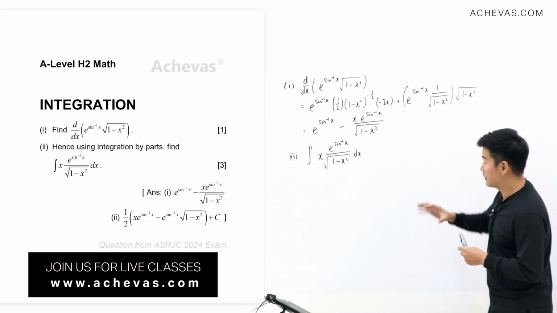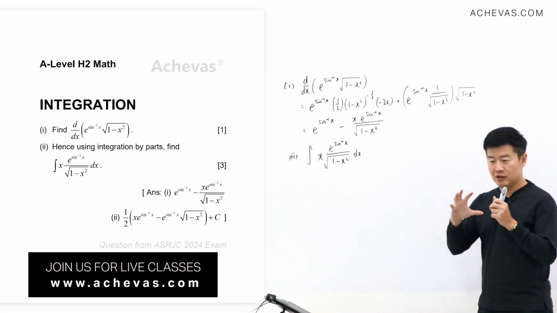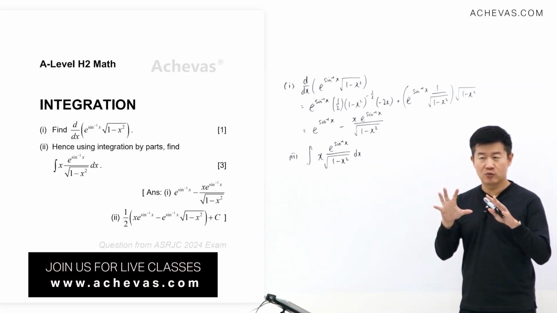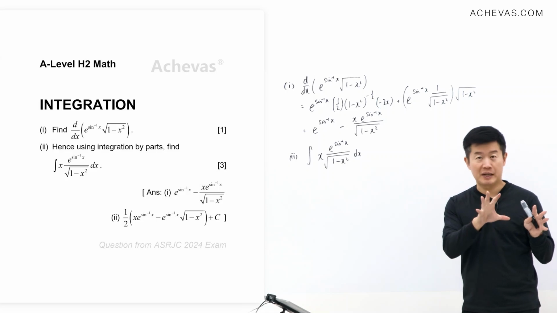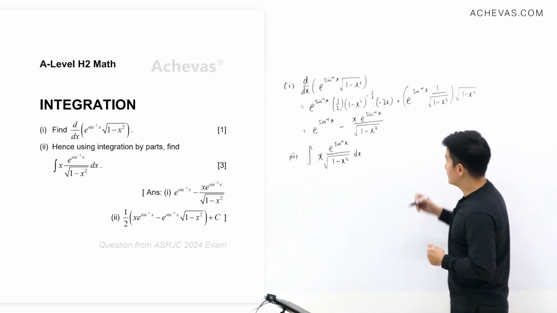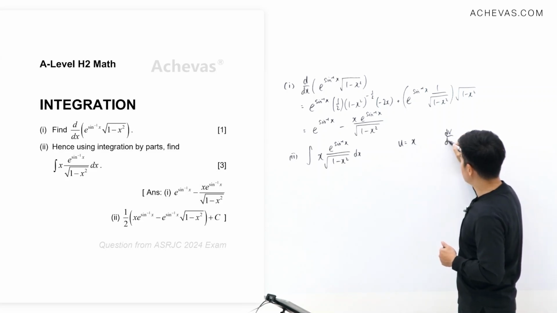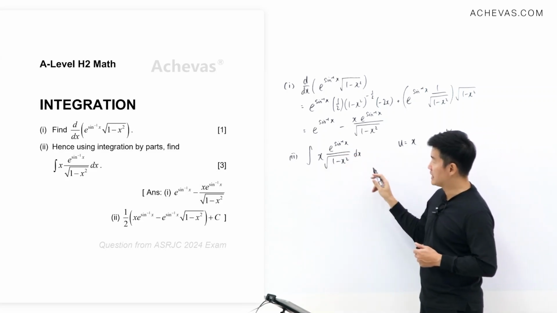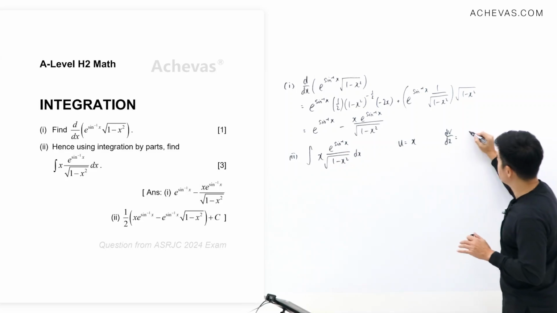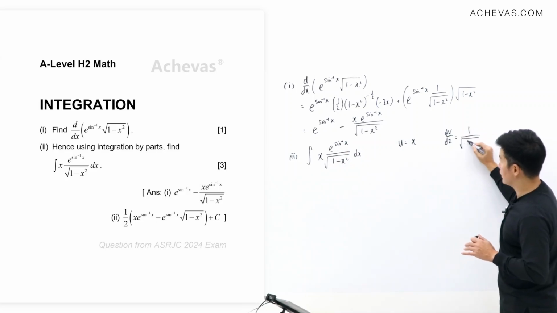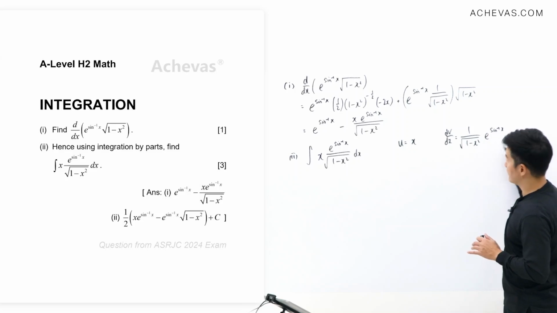So in the end, after doing a bit of trial and error, trying to find the 2 different parts to be used for integration by parts, I realized that if I were to let u be equal to x, and if I were to let dv dx be equal to the other portion, I'm going to rewrite this as 1 over square root of 1 minus x squared, then e to the power of sine inverse x.